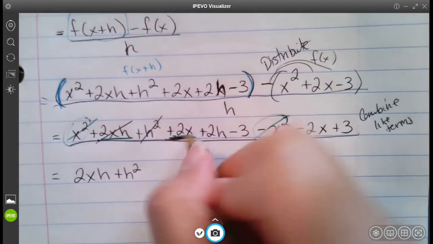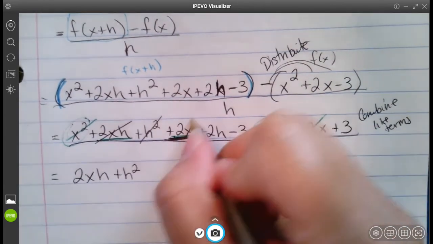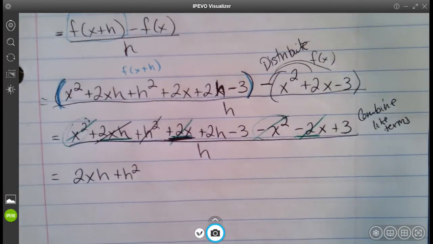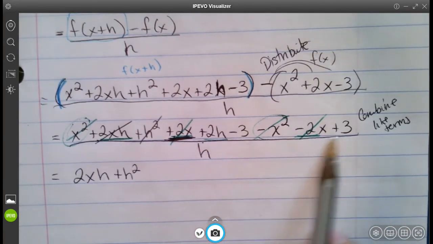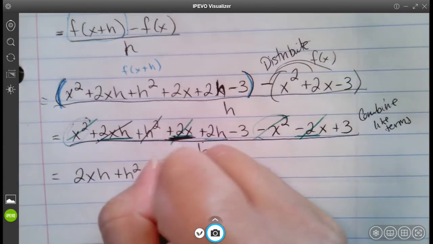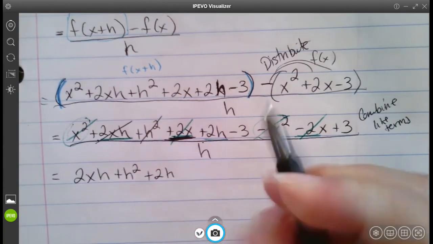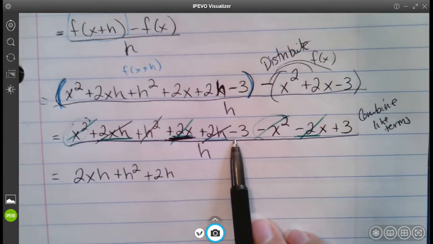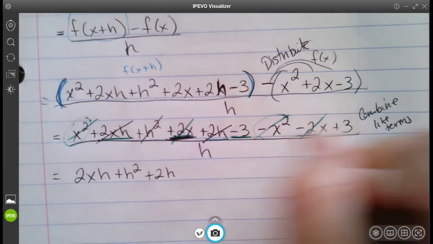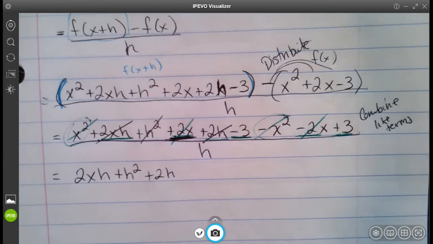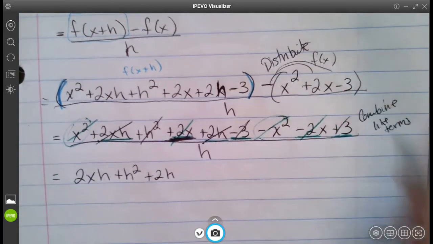So this 2x and this negative 2x are gone. Okay, 2h is next, so let's see, I don't have any more h's. So plus 2h. And finally, we have negative 3 and positive 3, which happen to be opposites of each other. So that is also gone.